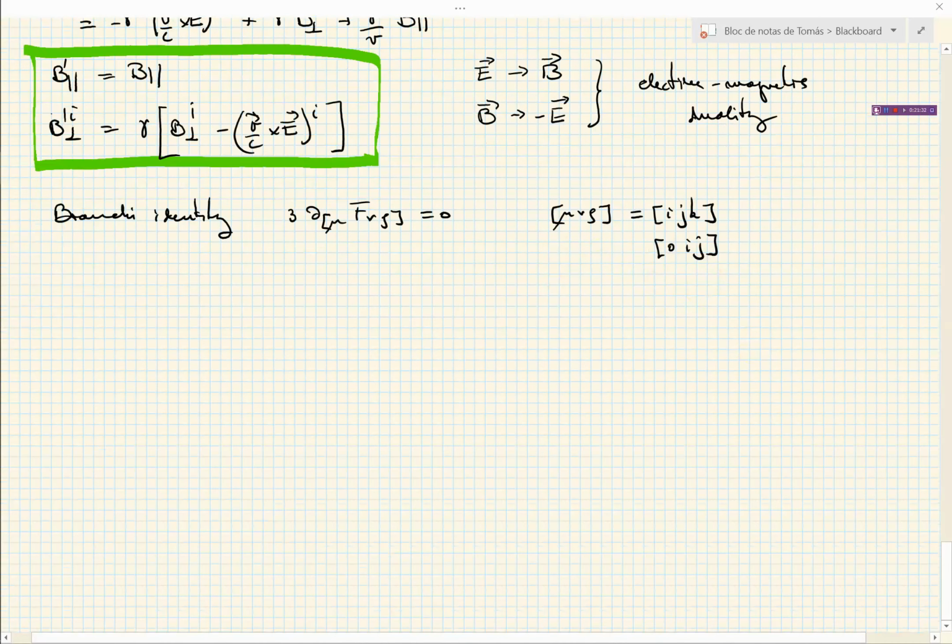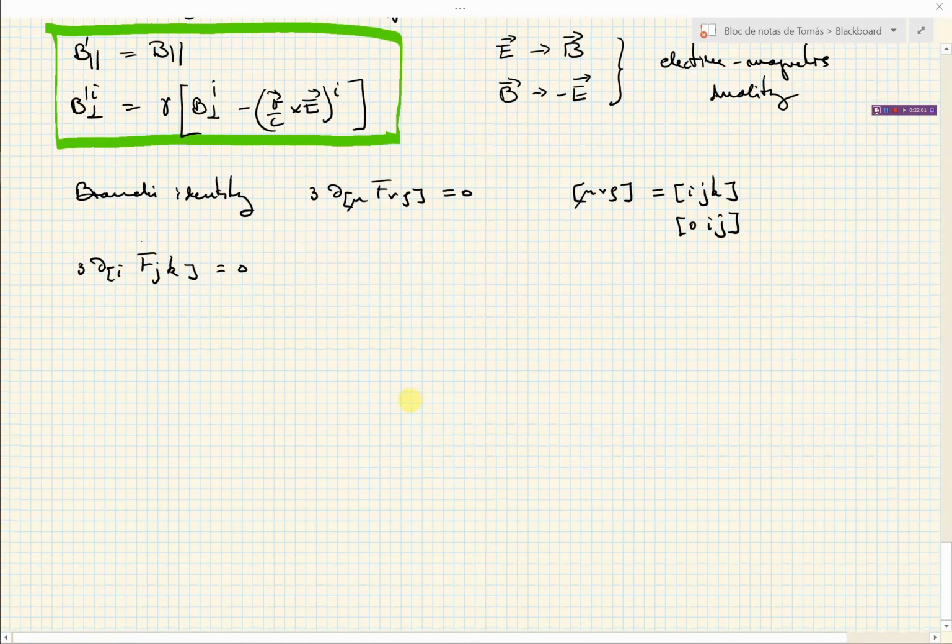They cannot be two time-like indices because you would get 0. So we have to consider these two cases separately. In the first case, we have the identity 3 times partial i F_jk equal to 0.